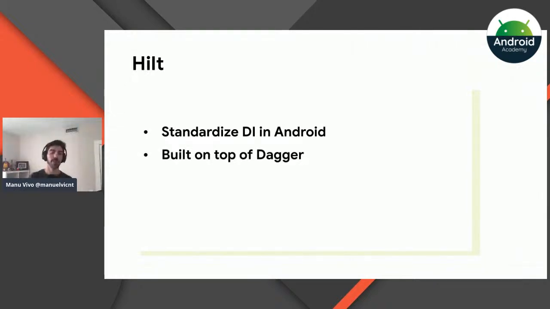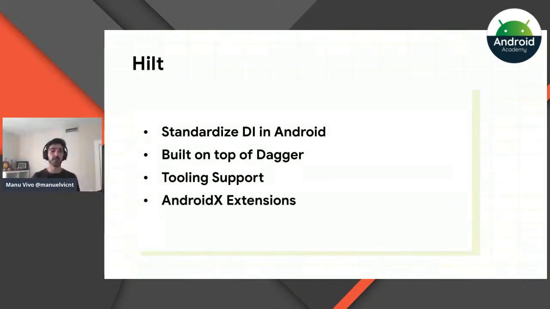You might be familiar with Dagger because it's been the recommendation so far, but now Hilt has taken over Dagger. And also, the good thing about Hilt is that it has tooling support. So, for example, in Android Studio, you can quickly navigate between dependencies and where your dependencies are coming from with just one click in the gutter icons that we have there. And obviously, this also comes with AndroidX extensions that we are going to see later.